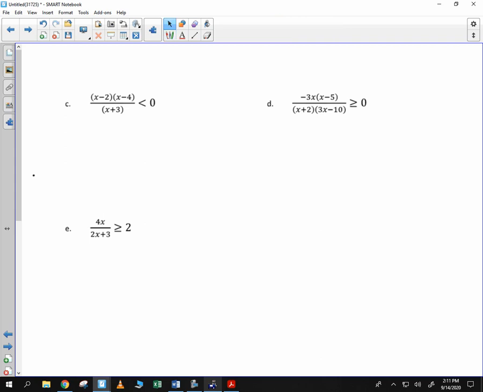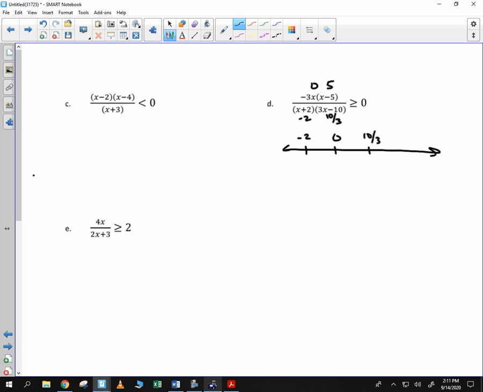Again, everything's gathered to one side, and in this situation, you can see that as I make my number line, I have a 0, I have a 5, I have a negative 2, and I have a 10/3. And so as I plot those, I got negative 2, got 0, got 10/3, got 5.